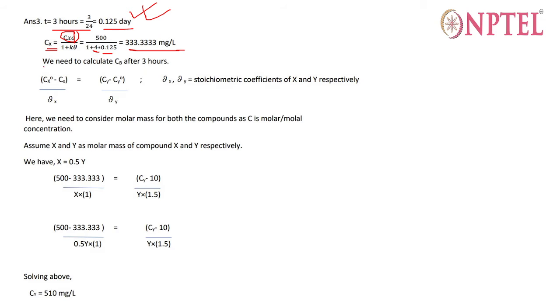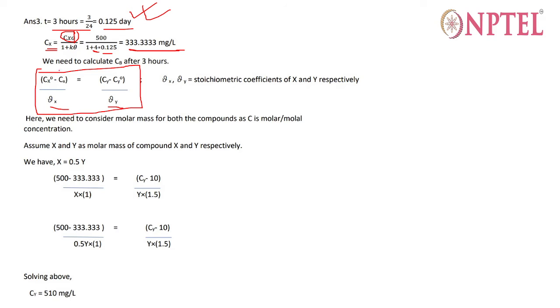Then what you need to do is, whatever is converting from X to Y will be equal, because the total mass is equal, right? And one more thing you have to take care of here is that this is with respect to the molar mass. So everything should be with respect to molar mass.